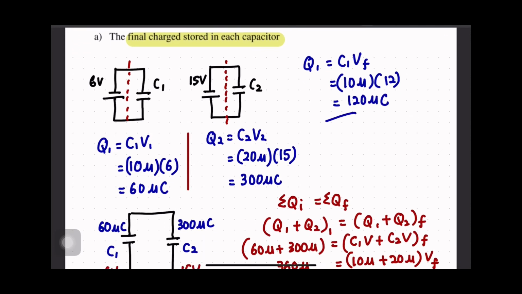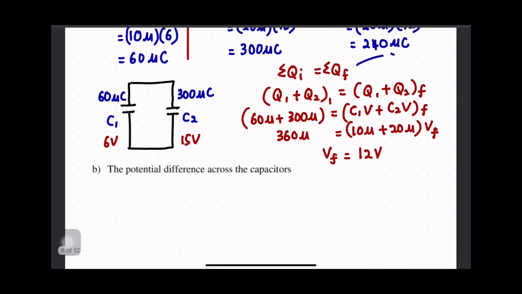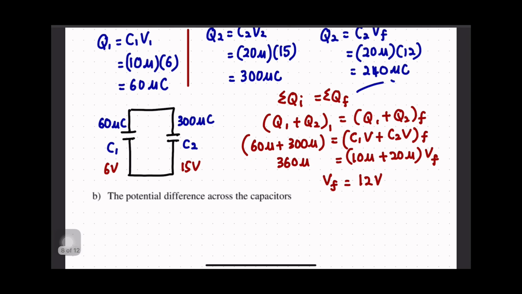Okay, next for Q2 is equal to C2V final. So C2 is 20 micro times 12, so it becomes 240 microcoulomb. Okay, macam tu. So faham? Bila masa dia akan berhenti derma charge? When dia reach the potential difference in each capacitor are same.